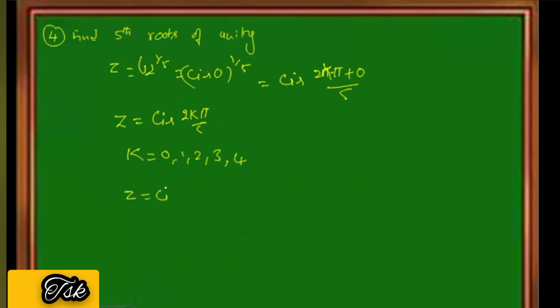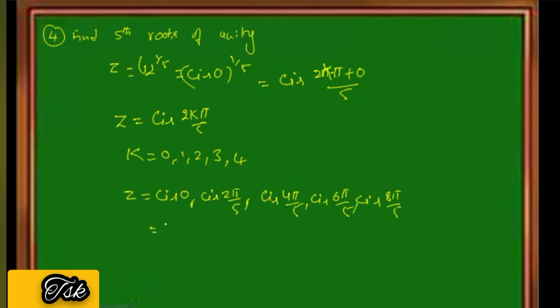So the first root is cis 0, the second root is cis 2 pi by 5, the next root is cis 4 pi by 5, the next is cis 6 pi by 5, and the next is cis 8 pi by 5. That is 5 roots.